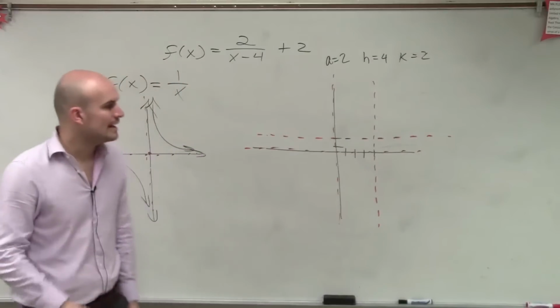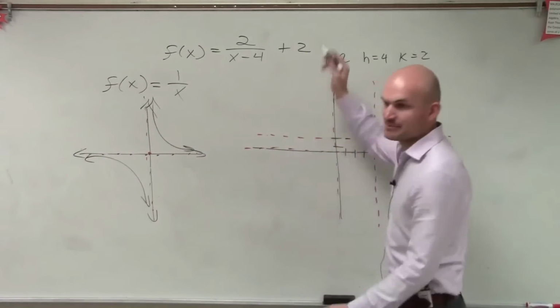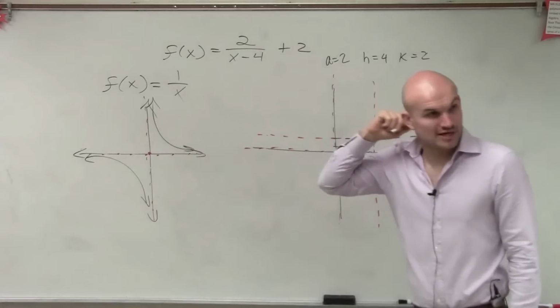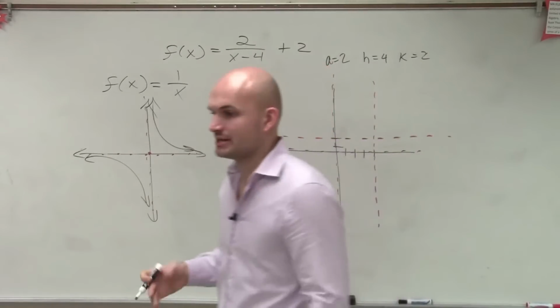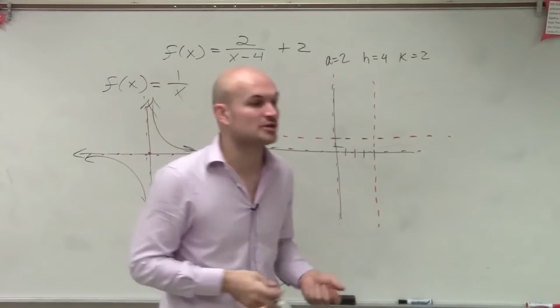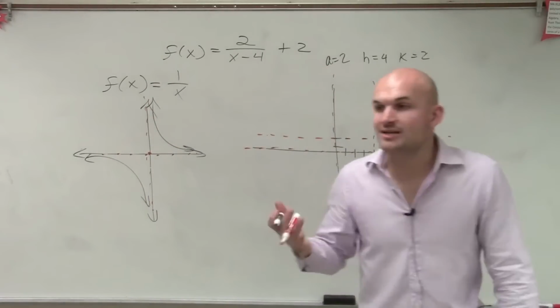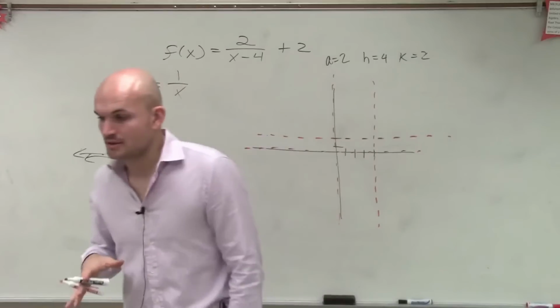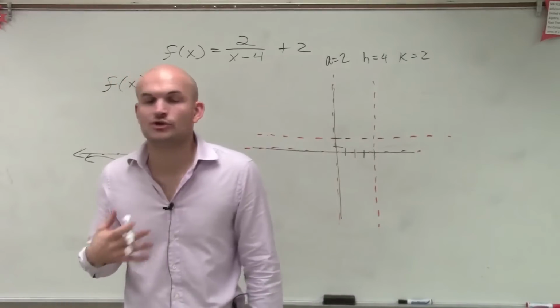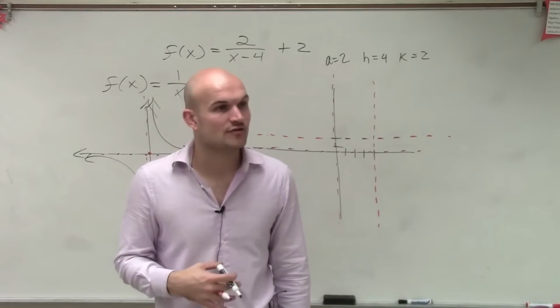Now, you could just say, let's just estimate it like that. To keep it simple, a lot of you are going to want to plug it into your graphing calculator and throw up a graph. That's fine. But just like when we did quadratics, I want you to evaluate at least 2 points on either side of our asymptote.